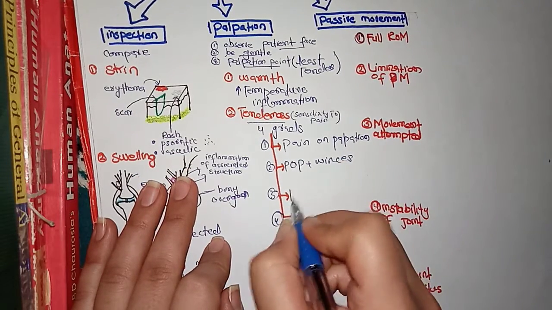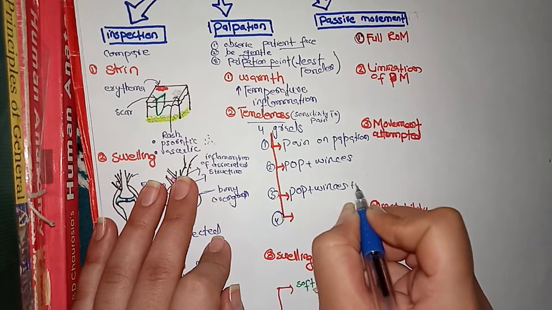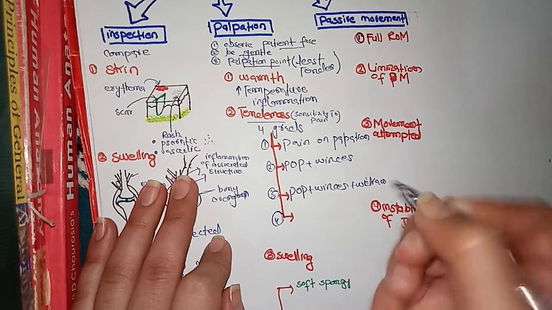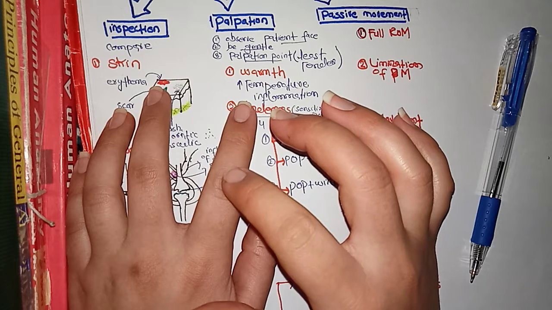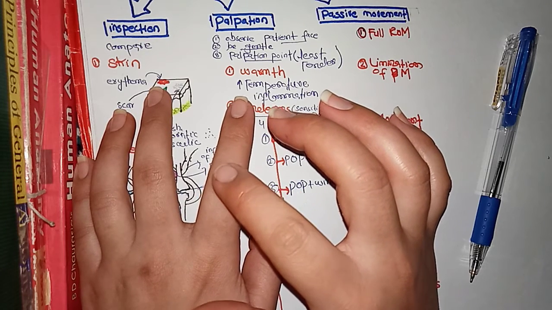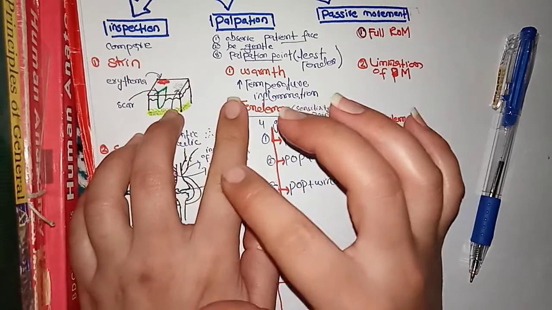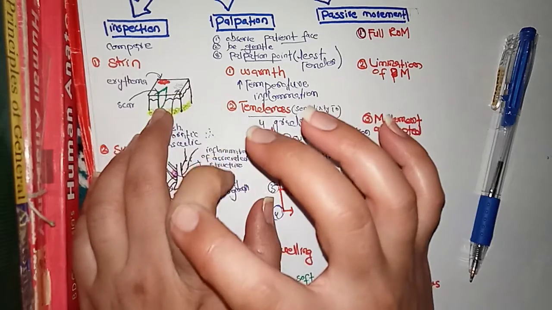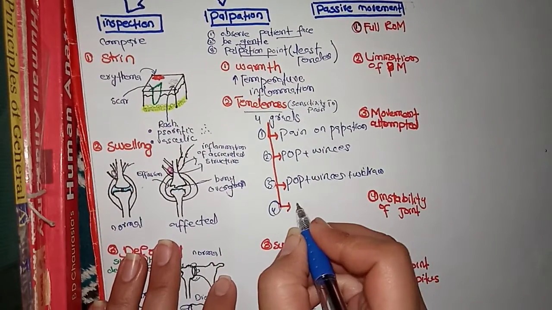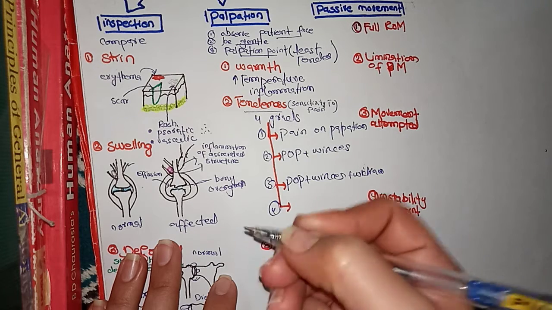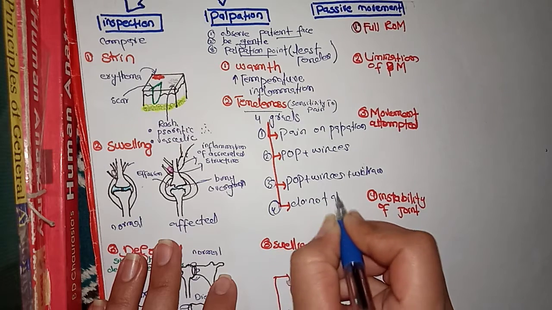Grade 2 contains pain on palpation plus winces, and grade 3 adds withdrawal of the affected limb or joint. So when the physician touches or palpates the affected joint, the patient feels pain, winces and withdraws. And in the fourth grade, the patient does not allow the physician to palpate the affected area.